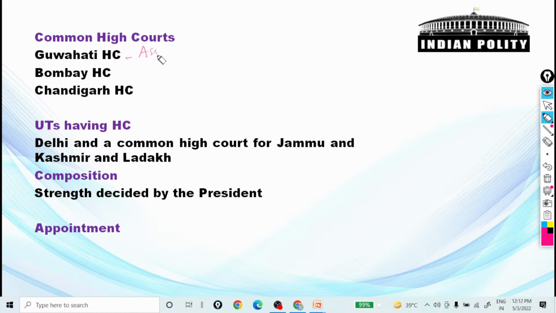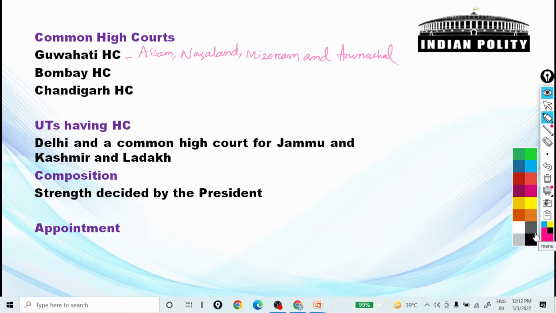For example, Assam, Nagaland, Mizoram, and Arunachal Pradesh are under Guwahati High Court. So there can be more than one state under one high court, and there are benches at Kohima, Aizawl, and Itanagar.